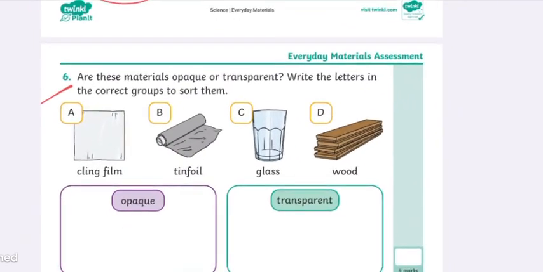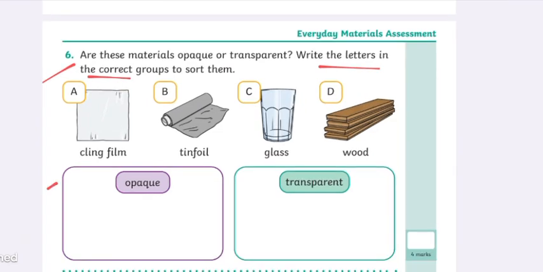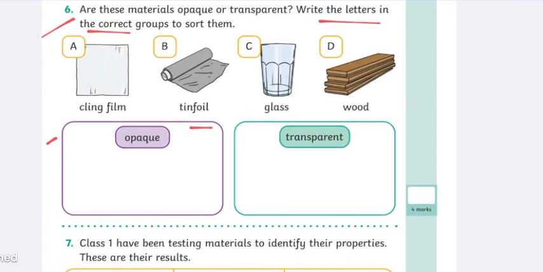Okay, number 6. Are these materials opaque or transparent? Write the letters in the correct groups to sort them. Cling film, it's like when your mother covers the food, it's like a transparent film. Tin foil, like aluminum foil to keep the food hot.